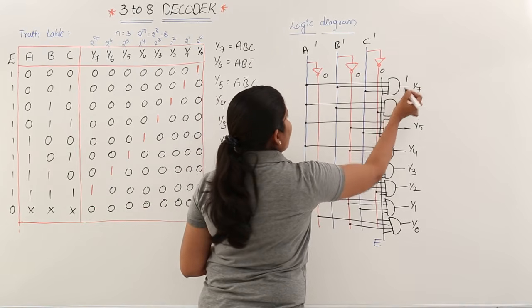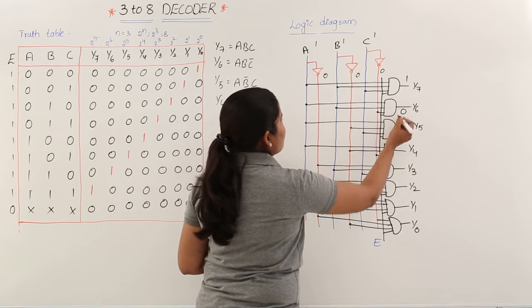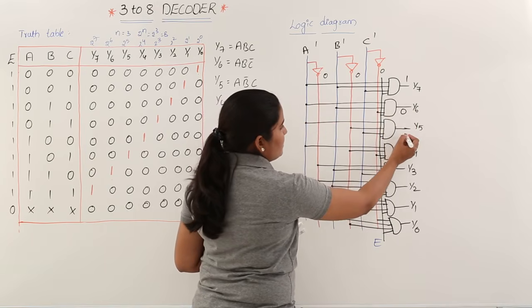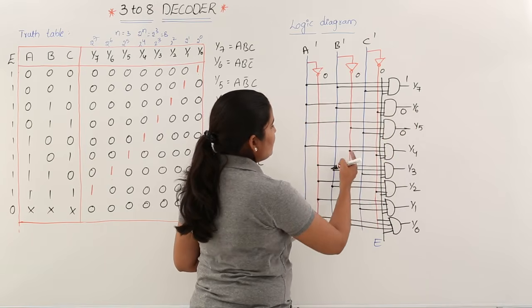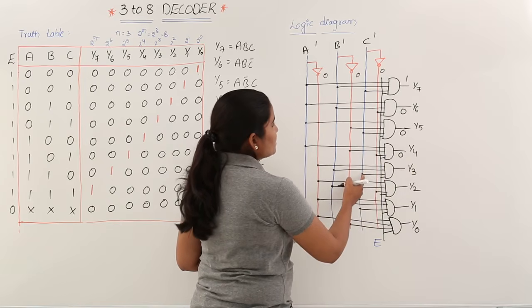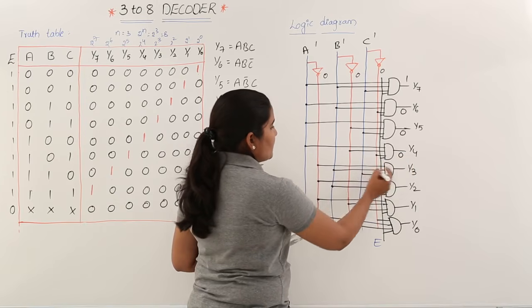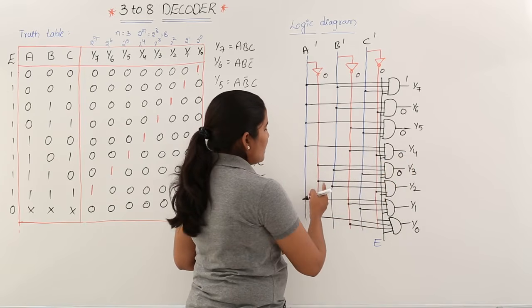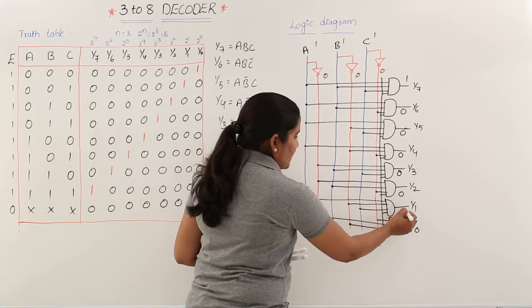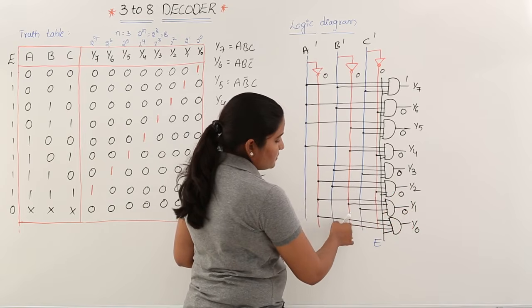Here you have 1, and the other gates are each connected to at least one 0, so they provide 0.